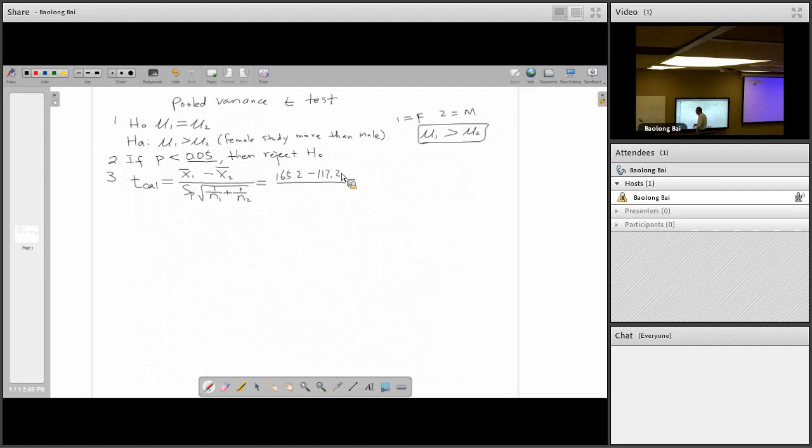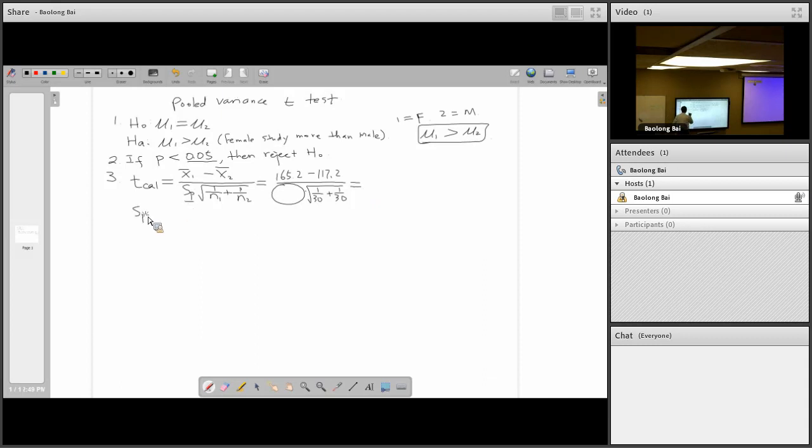And then the pooled standard deviation, we don't know what it is yet. And n1, we have 30 in there. We have 30 males and 30 females, right? So now we realize we're not able to calculate this unless we find SP first, right?